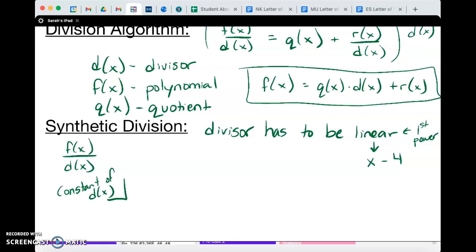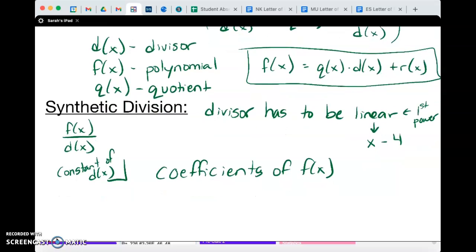Do you remember that? And then these are all the coefficients of f of x. So basically, we're just going to have a stream of numbers. It's going to look like my bonus problems with the little L thing. So you'll have numbers and then something in the L.